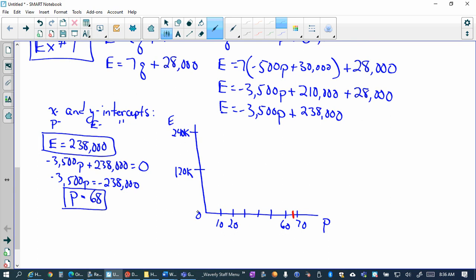So wouldn't 238,000 be about there? Yeah. We're just going to go through points of the line now. And there we go. Whoops. Not a very straight line. Should be straight.